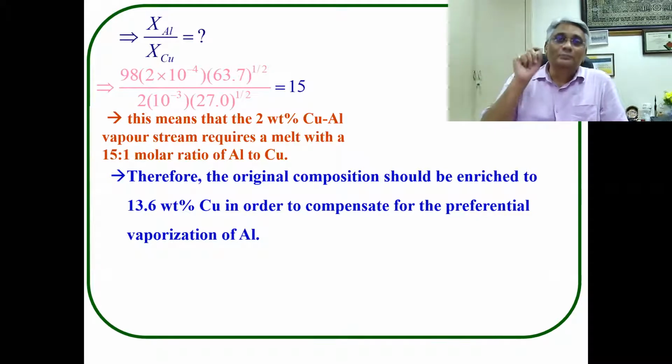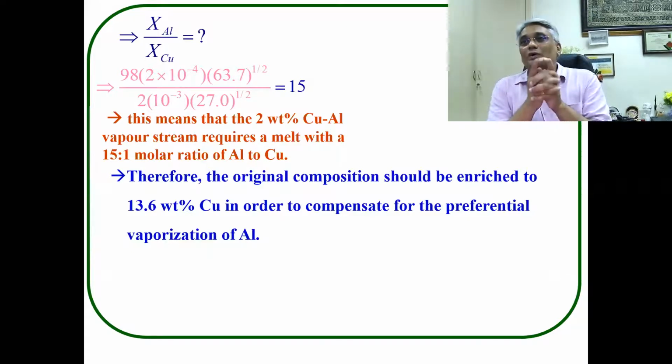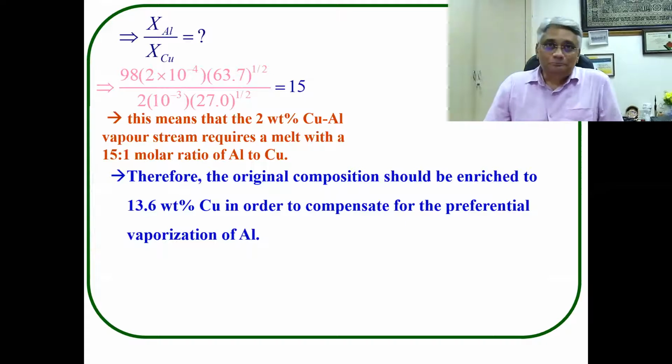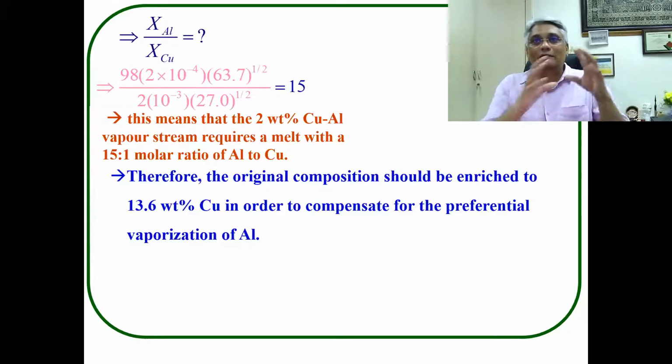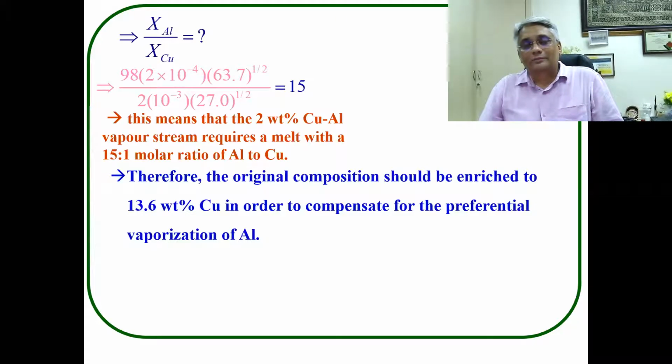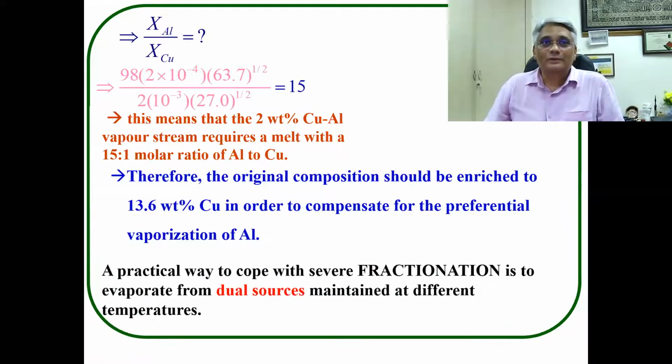These simple calculations have to be done for every alloy composition that you start with. This is called taking excess of one of the elements by taking into consideration the vapor pressure components and the activity parameters of the elements involved during the process of evaporation.